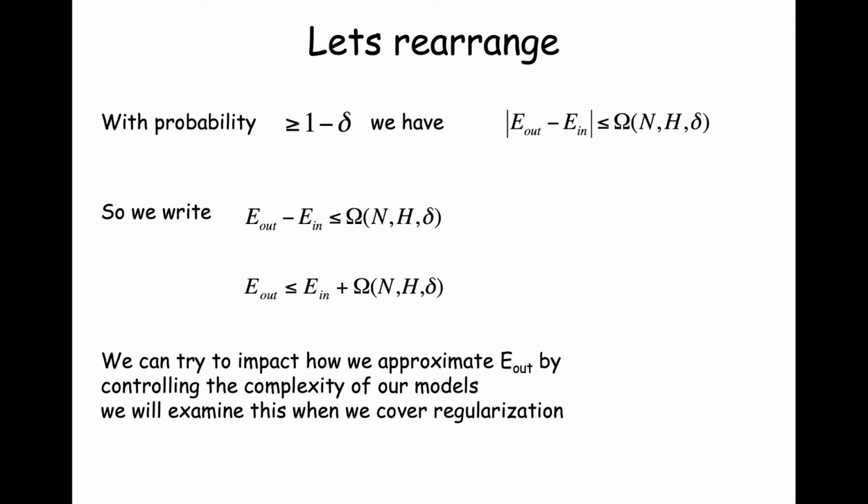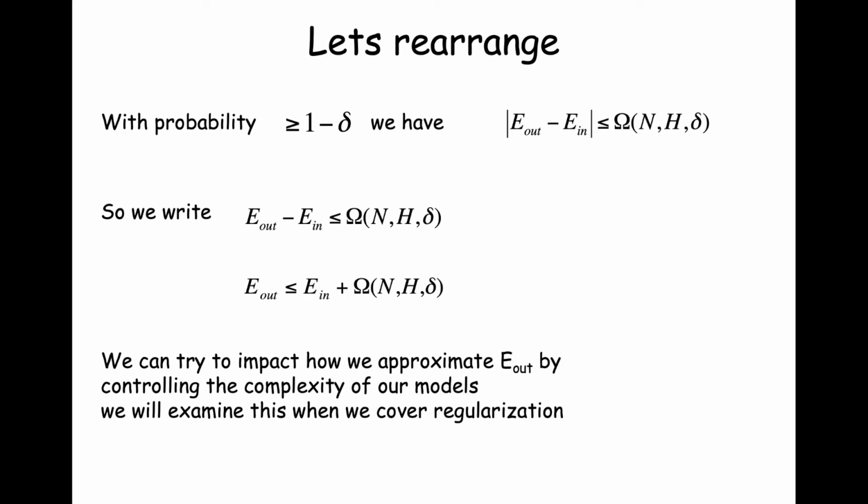We took that expression and it gave us a relationship between E in and E out modulated by this complexity measure. And so you can use your complexity as defined by that interaction between the probability of bad things happening, the hypothesis set, and the data set size to ensure that E in is closer to E out.